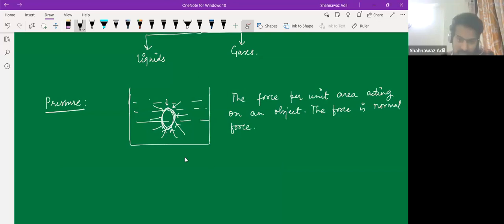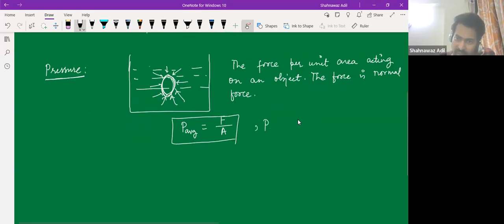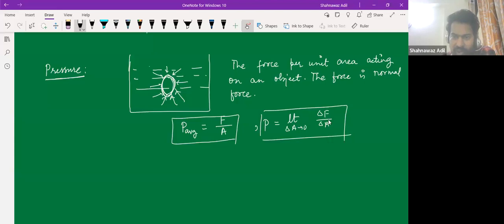Mathematically, average pressure, and I will not write this average part subsequently, is defined as normal force divided by area. For a small force, pressure is also defined as the limit as delta A tends to 0 of delta F by delta A. This is the pressure.